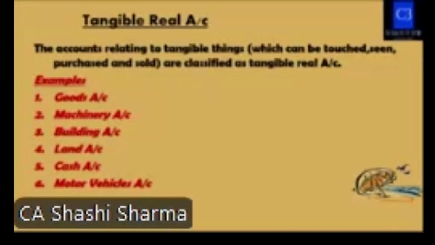Next category is nominal account. Nominal account means accounts relating to losses, expenses, gains, and incomes. These accounts are neither related to any person nor related to any thing.